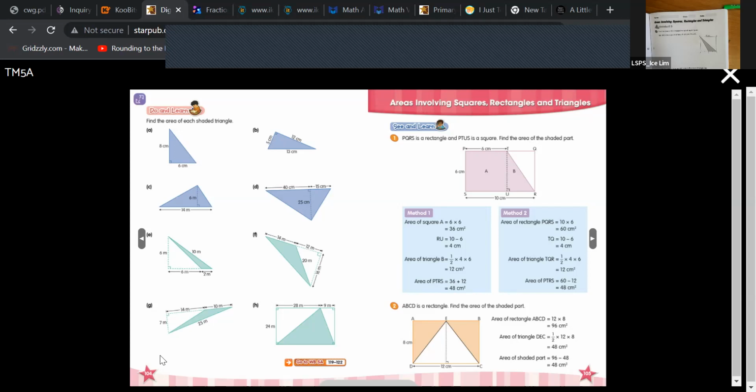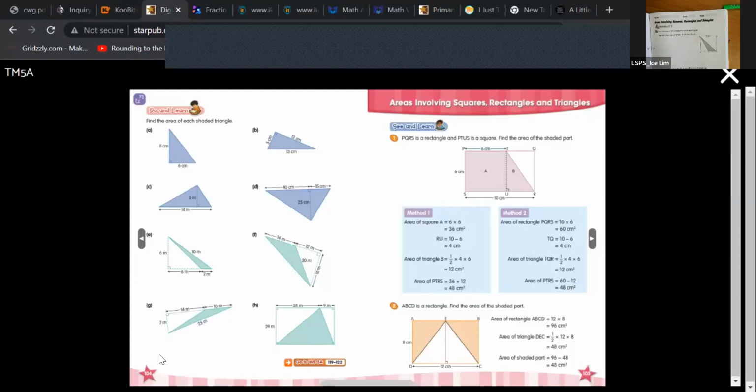Let's look at this one here. Is this method 1 or method 2? Method 1. Can you understand? So what Aditya says about part whole is that I take a whole shape, chop it into smaller parts, find the area of each part and put them together.